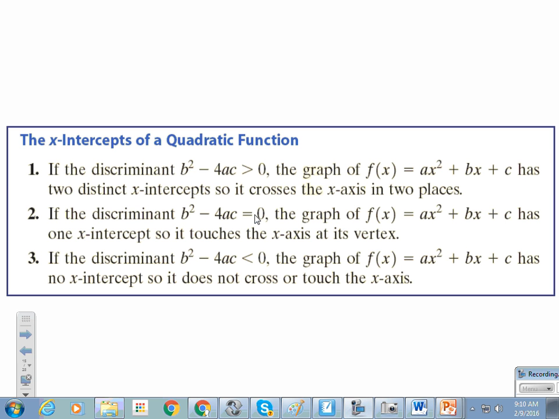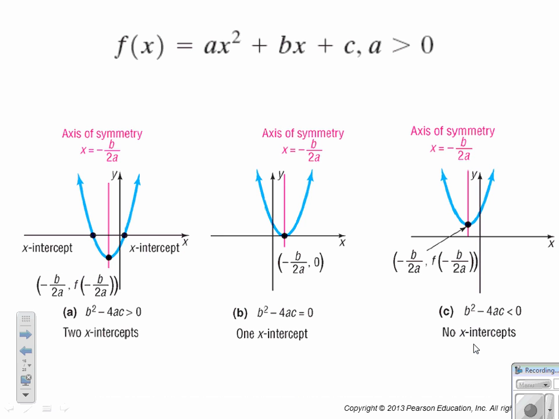So we're going to use the discriminant to give us an idea of how many times our parabola touches the x-axis. Discriminant greater than 0 crosses twice. Discriminant equal to 0 touches once, and discriminant less than 0 does not touch at all. Here is a picture.